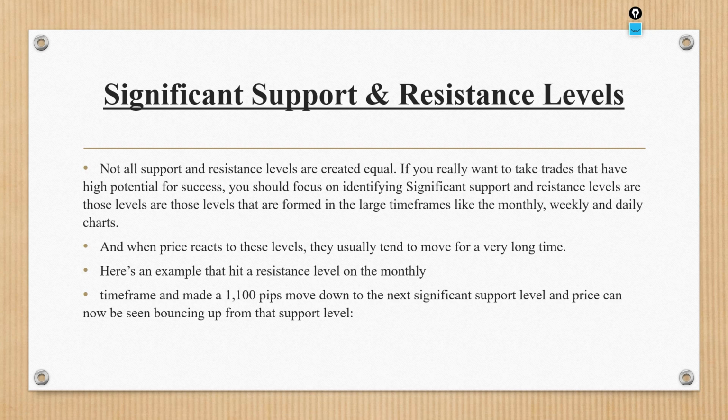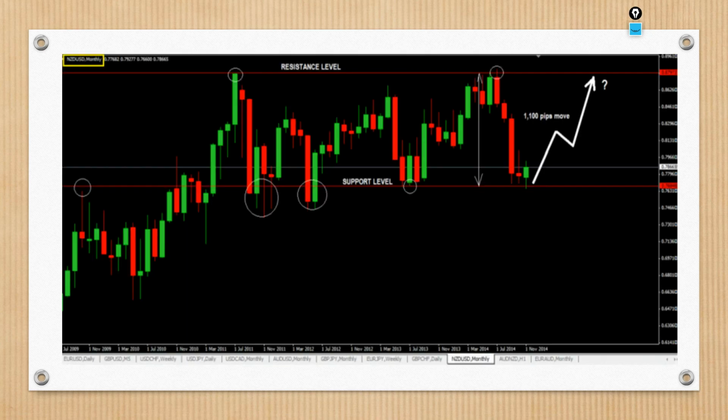When price hits this level and breaks, it moves for a very long time. Here's an example of that. You see support and resistance drawn with those lines, and here we're able to anticipate that it will go up like that.